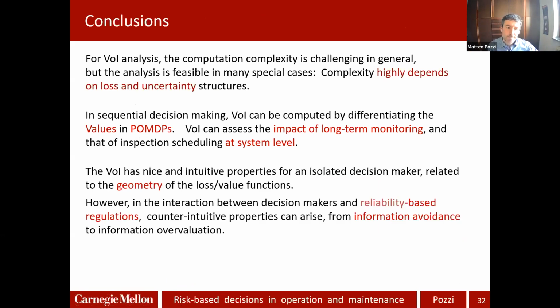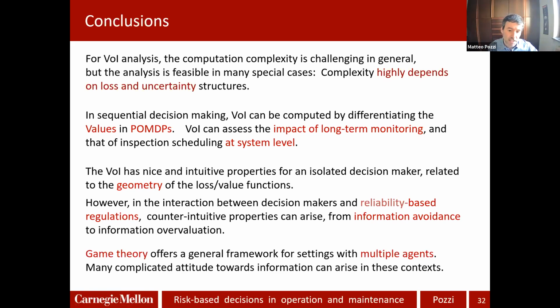And there is this nice relationship between information and the geometry of a loss function that guarantees some properties of the value of information. When you have multiple agents, this property can be violated. And game theory, again, is an even broader setting for dealing with multiple agents, and in game theory you can have a pretty complicated attitude towards information.